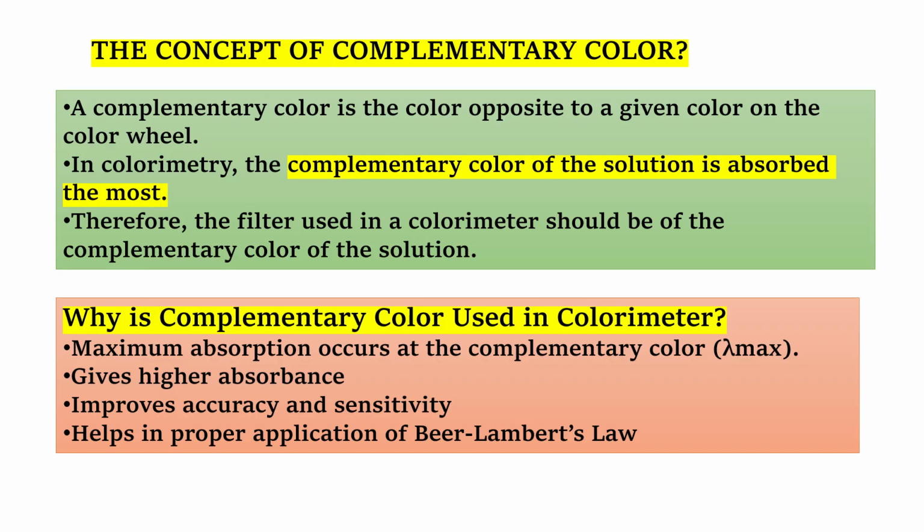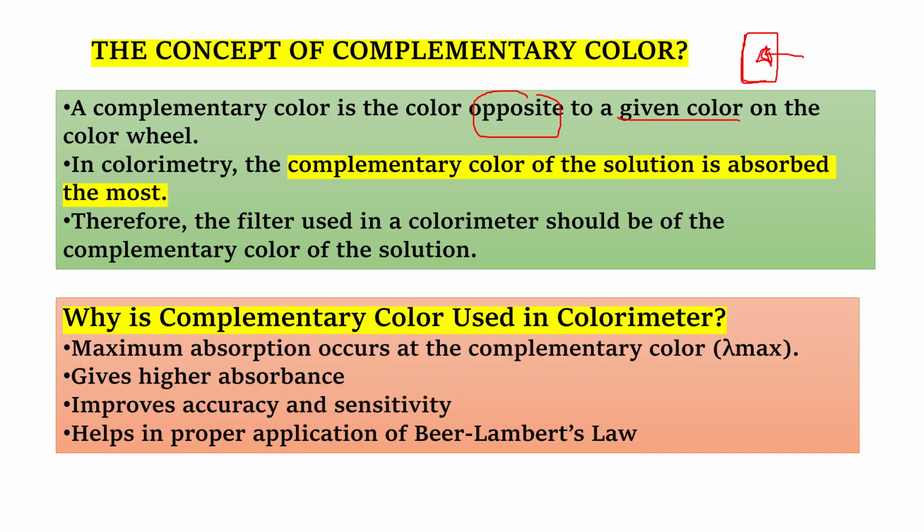Complementary color is the color which is opposite to the given color on the color wheel. For example, this particular solution is appearing red, but the color which it is absorbing is different from red.